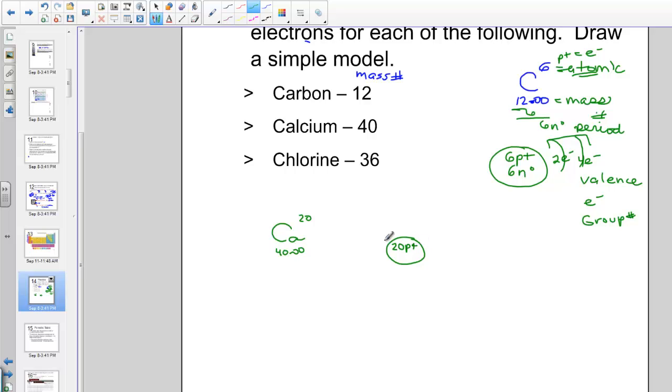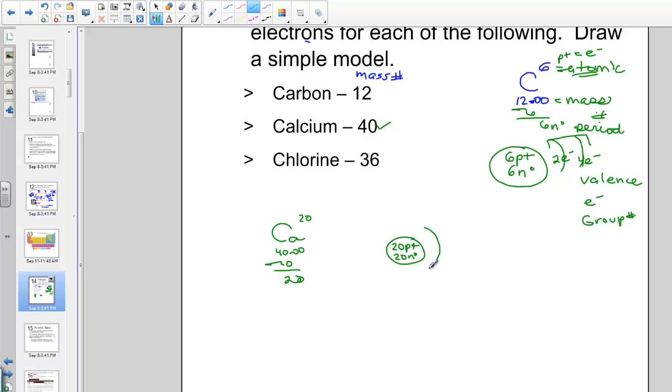I know that because of the atomic number. By definition, atomic number tells me the identity. It gives me 20 positive protons. 40 minus 20 leaves me 20 neutral neutrons. So the sum of all the parts in the nucleus is the mass number of 40.